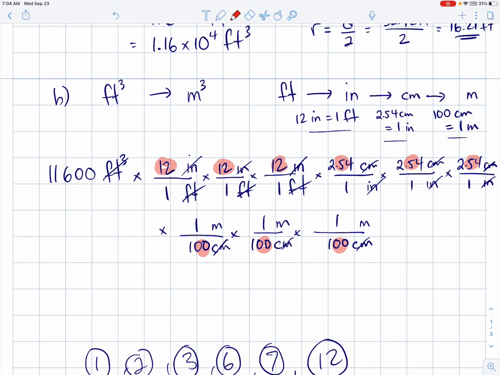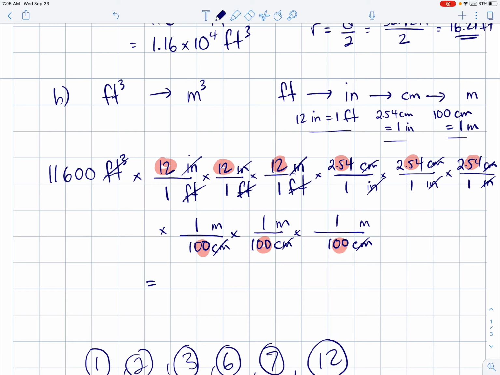So 11,600 times 12 times 12 again times 12 again, then times 2.54 3 times, and then divided by 100 3 times, and you get a final answer on your calculator screen. But remember, you have to round it off to the correct number of significant digits. We had 11,600, which has 3 significant digits.